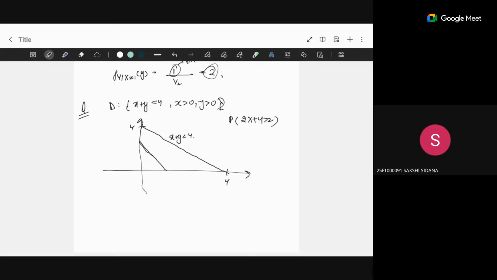Excuse me, ma'am. Yes, ma'am, while shading and choosing the region, as you take x plus y less than 4, how do you decide if it is toward the origin or away from the origin?